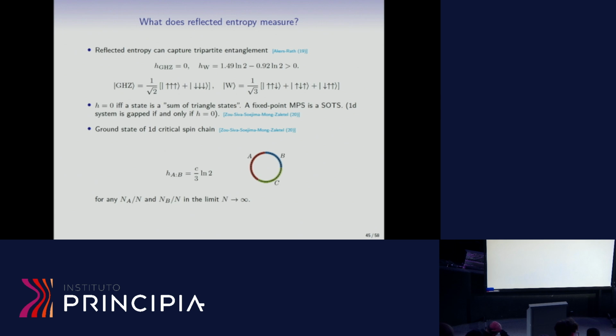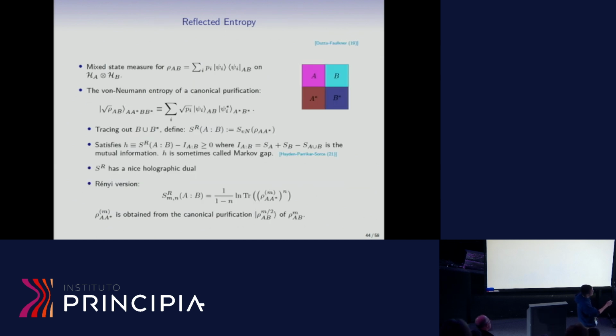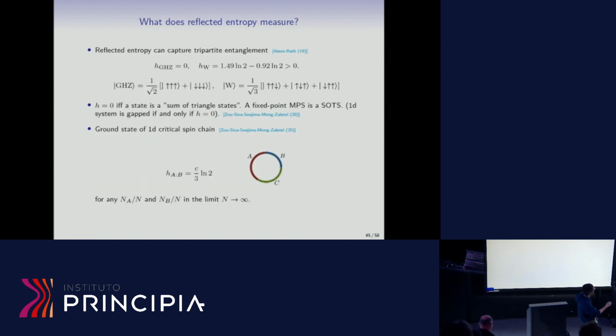Other questions? Yeah. So the next question is what happens if the gap closes? In the gapless regime, it may be a conformal field theory. They show that this is actually maybe shown before them in a paper by Faulkner and Data maybe, but anyway, in the gapless quantum critical chain, this quantity h takes a universal value, which is c/3 log 2.